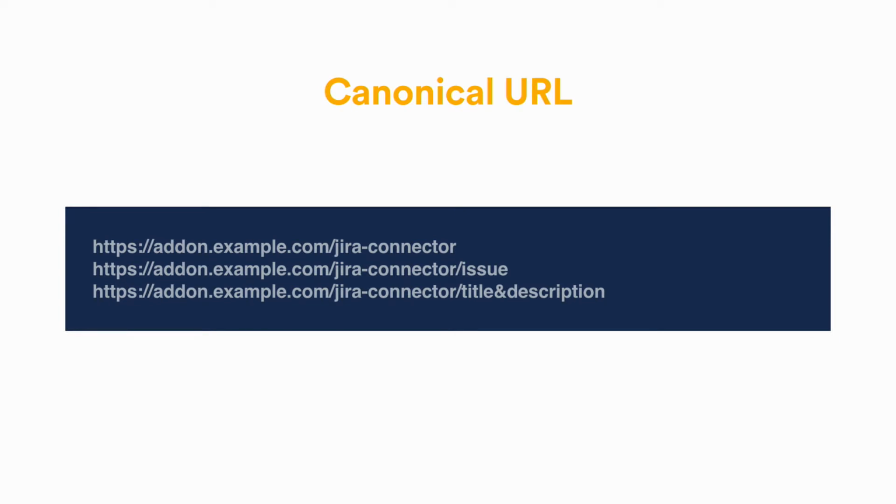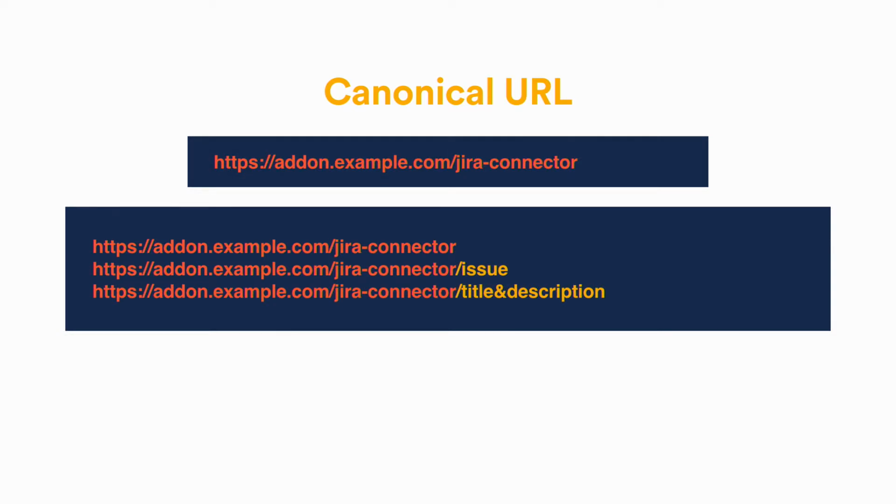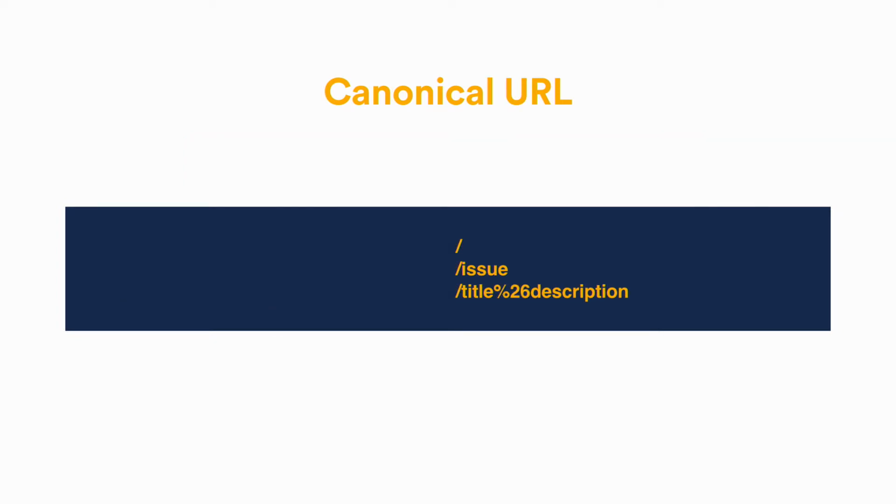The canonical URL is a relative URL to the base URL. So let's consider a few examples where the request URL is against your add-on's URL. So if our add-on is addonexample.com/Jira connector, if that's the base URL, then these three requests get modified in the following ways. One, we take the relative part off, so we're going to remove that.